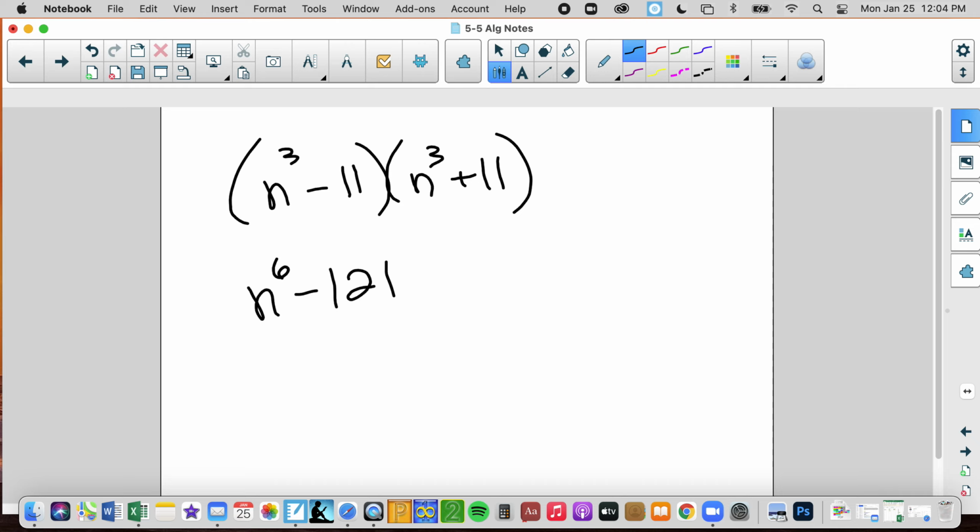My inside and outside still cancel, but n to the 3rd times n to the 3rd is n to the 6th, not n to the 9th. When we multiply terms with like bases, we add their exponents. So that's a very interesting one, but that doesn't change anything.